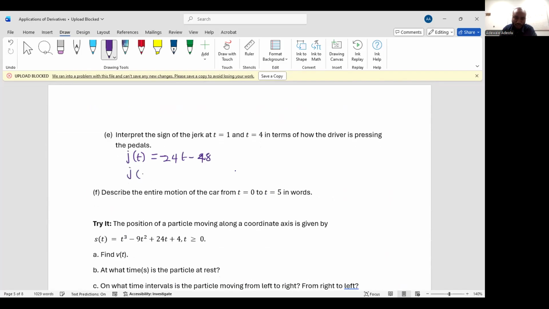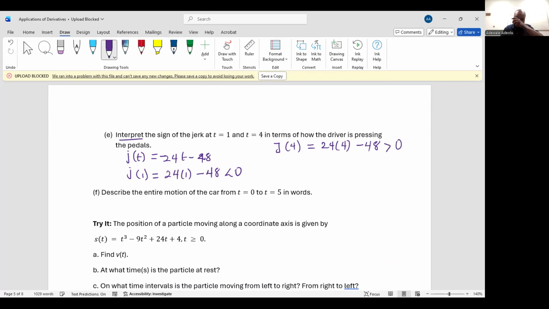So j of 1 is 24 times 1 minus 48, which is negative, that is minus 24. J of 4 is 24 times 4 minus 48. That is 96 minus 48, which is 48. So that is positive.